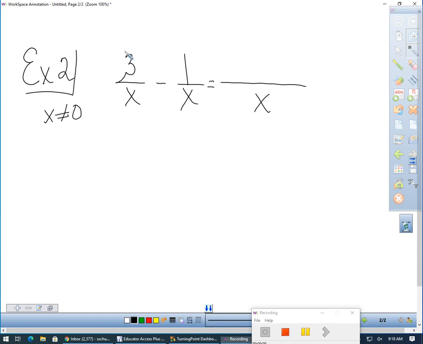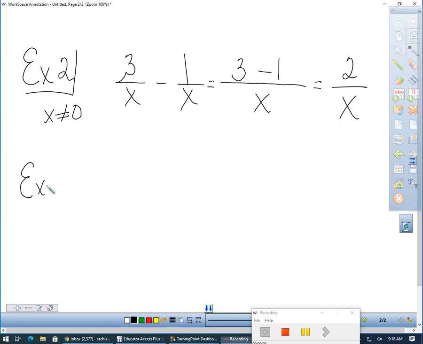Is this one missing a factor? No, it has all of them. So this is 3. My middle process is minus. How about this one? Is this denominator missing anything? It's not, so I'm just going to put my 1. So on top I have 3 minus 1. And on the bottom I've already got a common denominator. It's done its job, so I'm just rewriting x.